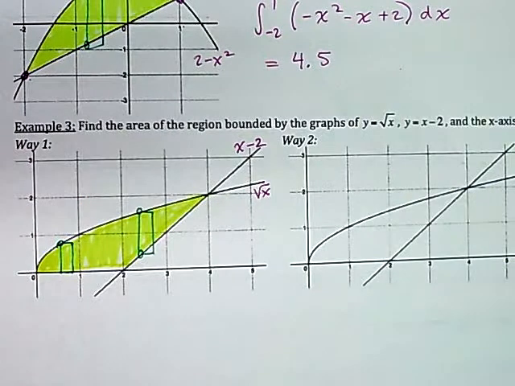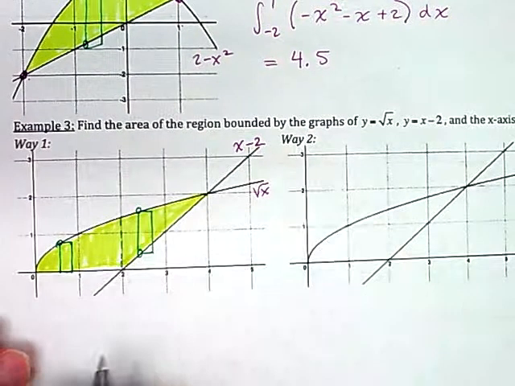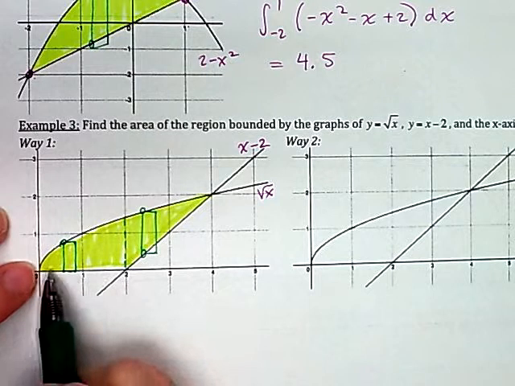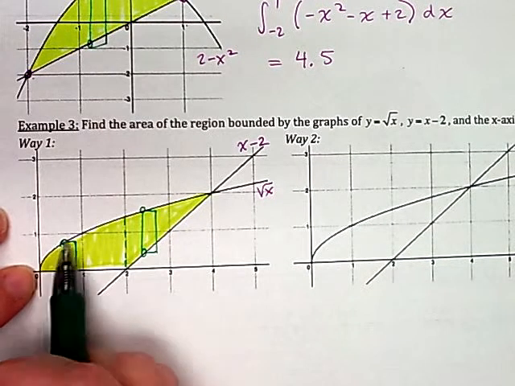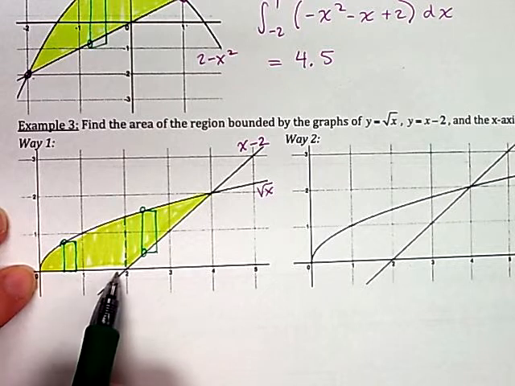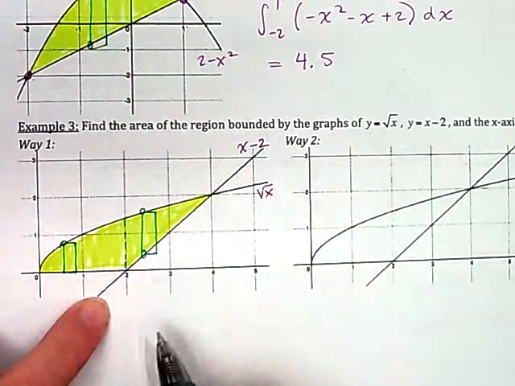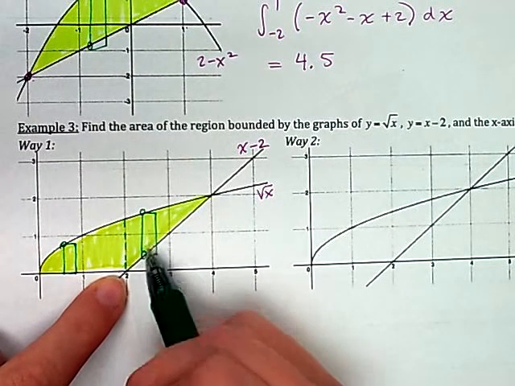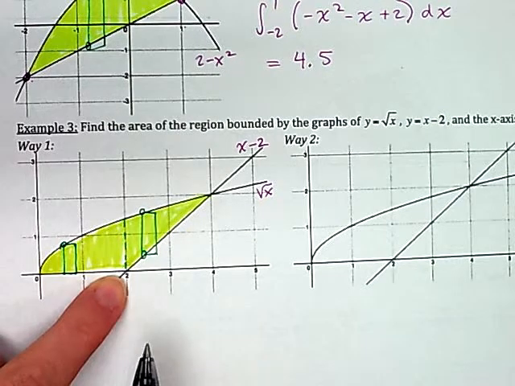So I'm going to put a separation at 2. Before 2, the height of my rectangle is just determined by the square root of x. It's the difference between the square root of x and the x-axis. But after 2, that's where x minus 2 comes into play, and now what determines that height is the square root of x minus 2.